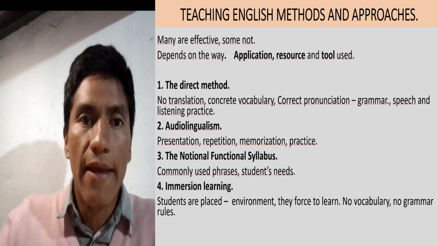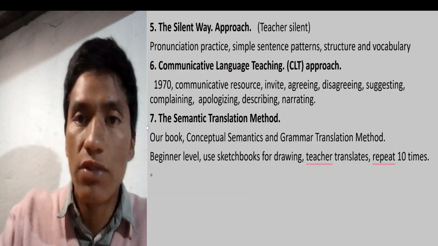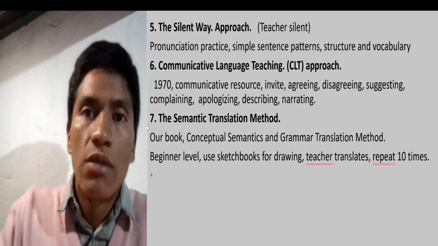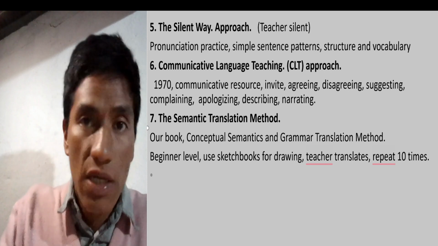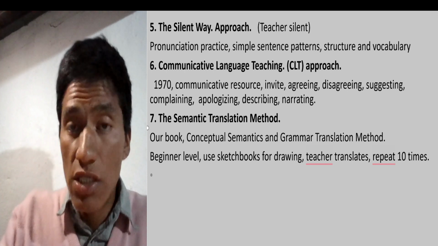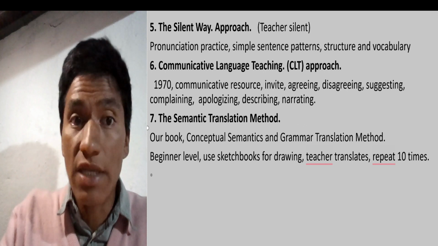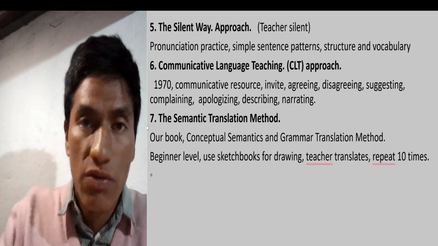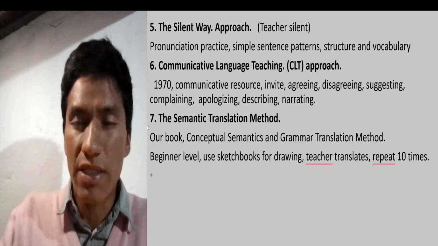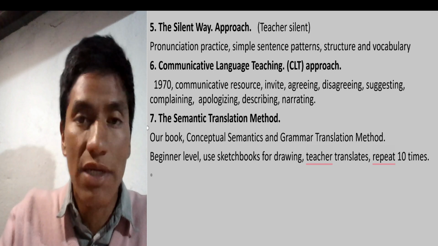The number five is the silent way approach. This is where the teacher has to be silent. The teacher presents the class, pronunciation practice, simple sentences, patterns, some structures, and also some vocabulary.